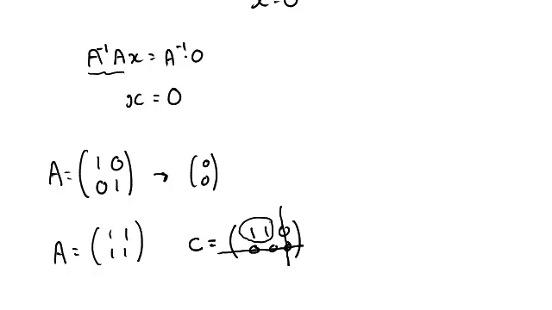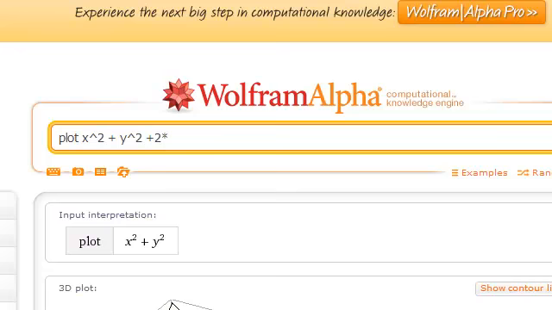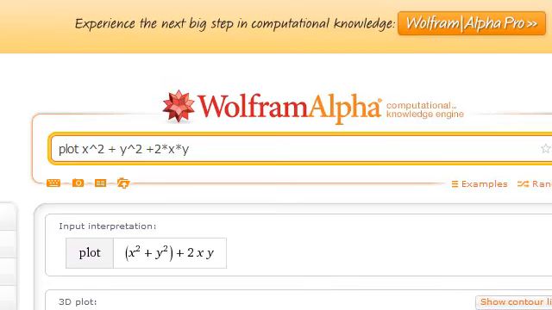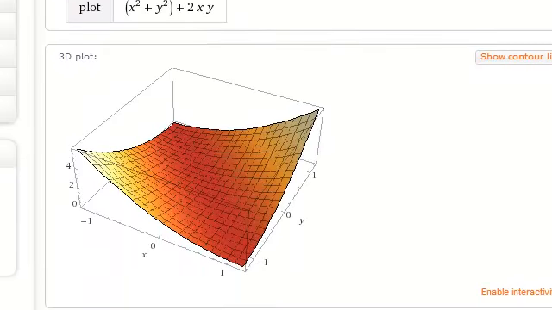This particular A corresponds to the quadratic form f of x being x1 squared plus x2 squared plus 2 x1 x2. So let's make a plot of this function. It's better to use x and y when we are dealing with Wolfram Alpha. So in this case, we see that the function looks like this.